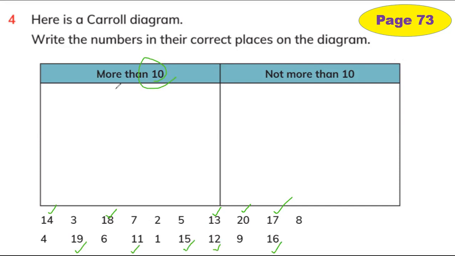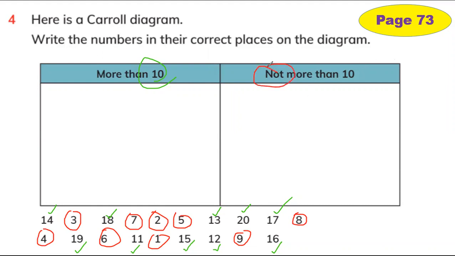These numbers are more than 10. And look what numbers are not more than 10. So I can see 3, 7, 2, 5, 8, 9, 1, 6, and 4. So here the red marked numbers are not more than 10. Not more than 10 means less than 10.